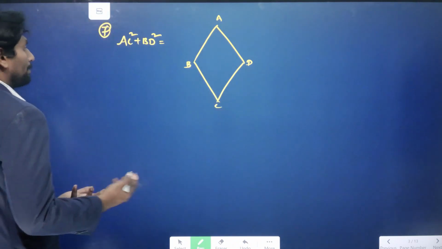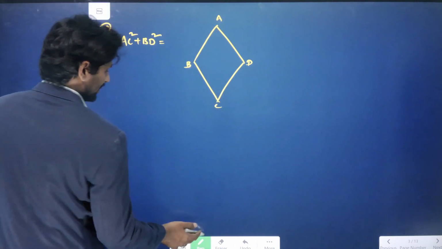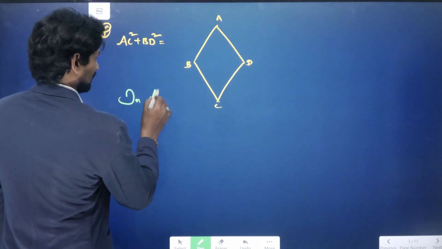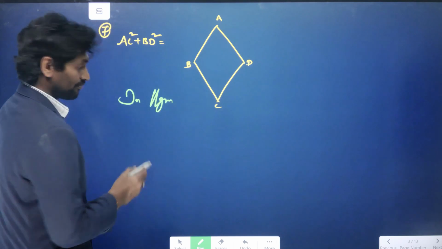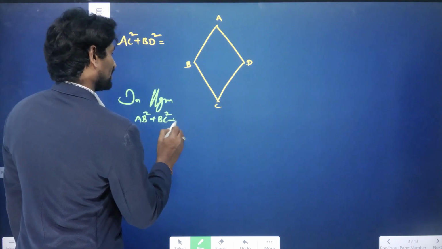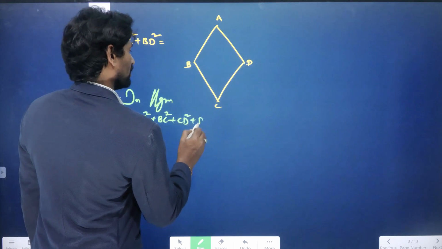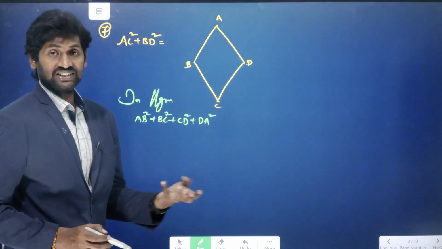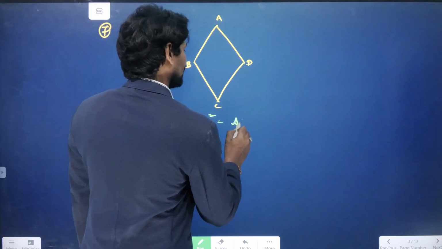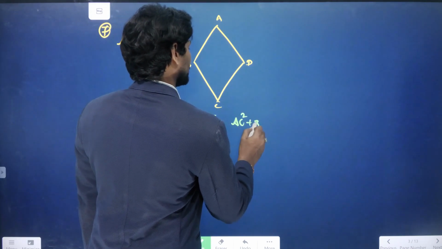So simply, according to the parallelogram property we discussed: in a parallelogram, AB square plus BC square plus CD square plus DA square, that means the sum of the squares of all sides, equals the sum of the squares of the diagonals, that means AC square plus BD square.